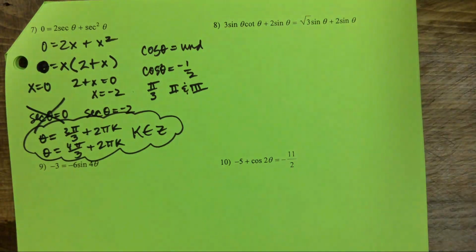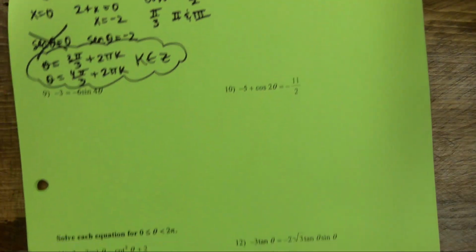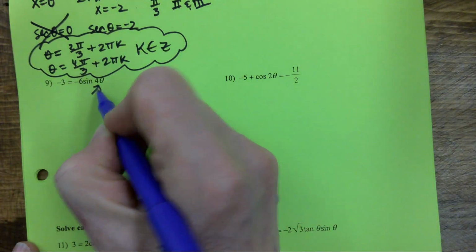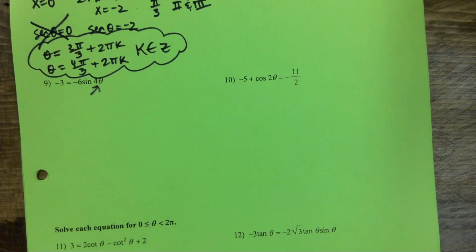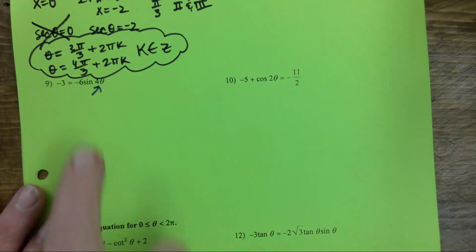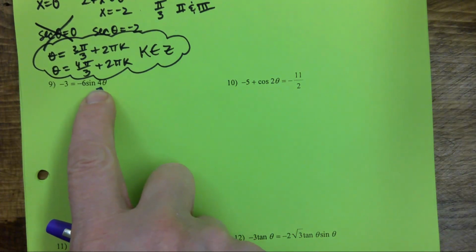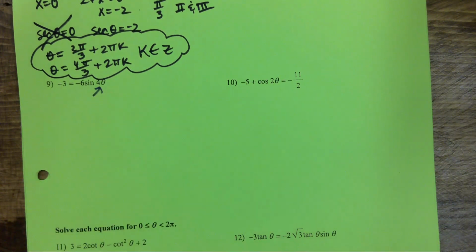But what do I do if something is done to the angle? Remember when we were graphing, that changed the period of the graph, that changed how long it took it to repeat itself. And we based it off of the unit circle. And this is saying that the sine is going to repeat itself 4 times in a normal lap around the unit circle.